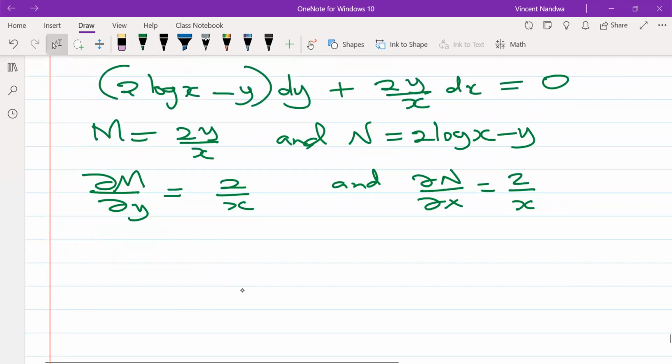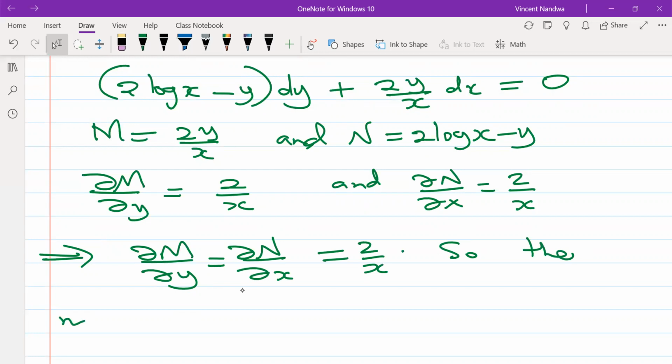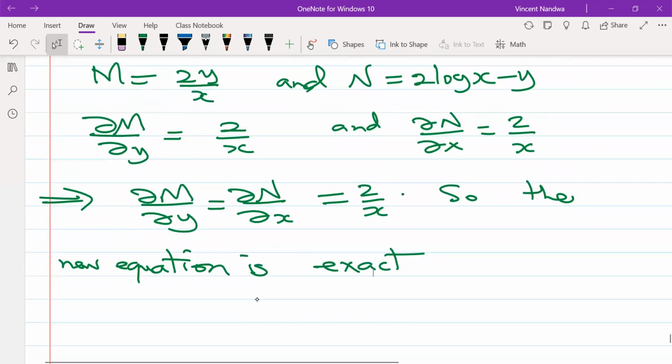So partial m, partial y is partial n, partial x, which is 2 over x. So the new equation is exact and can be solved by the previous methods on solving exact differential equations.